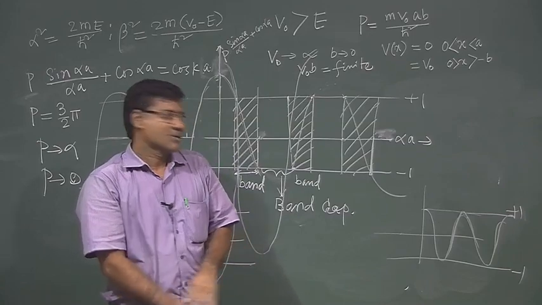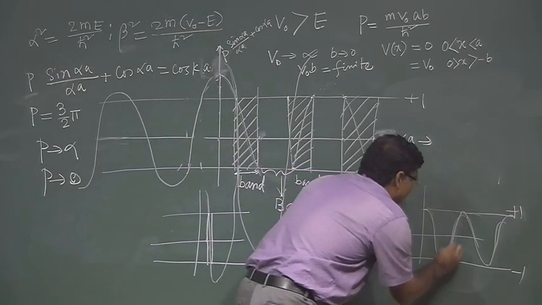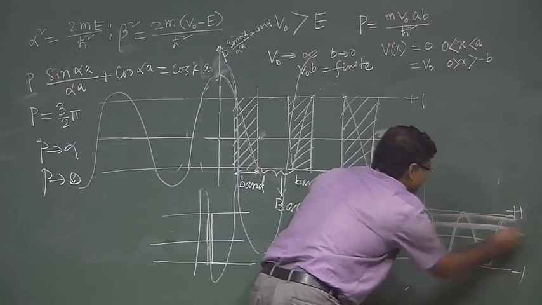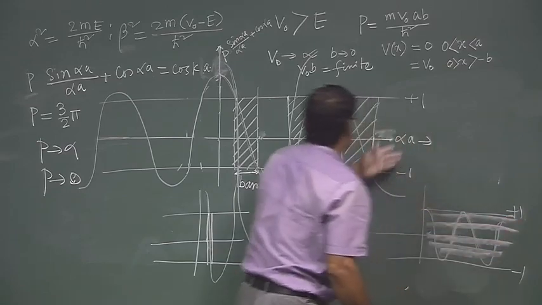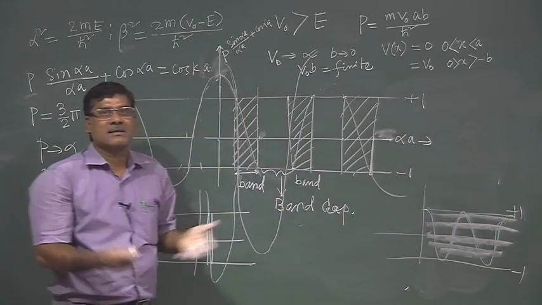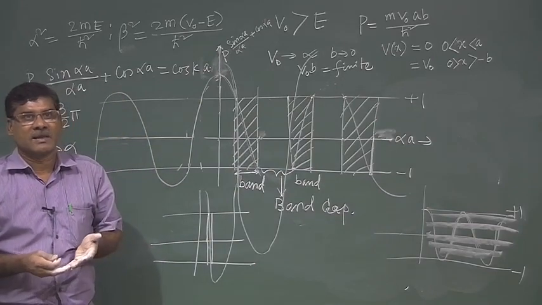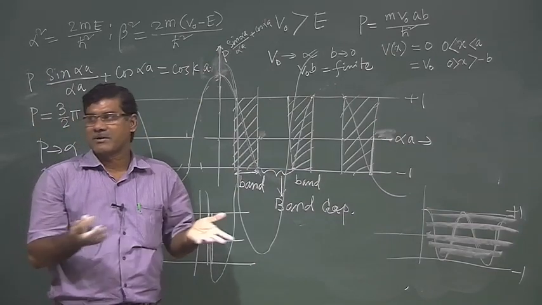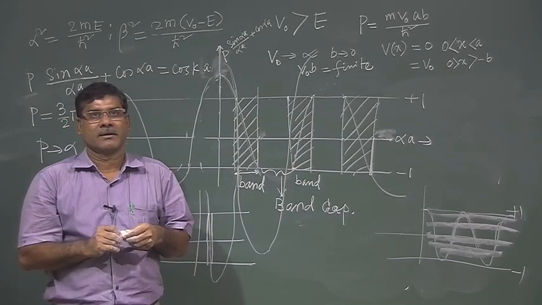Okay. So, that means all values are allowed, so this is continuous. So, all energies are allowed, just like free particles. There is no energy level, it is continuous. So, it is just a free particle. Okay.